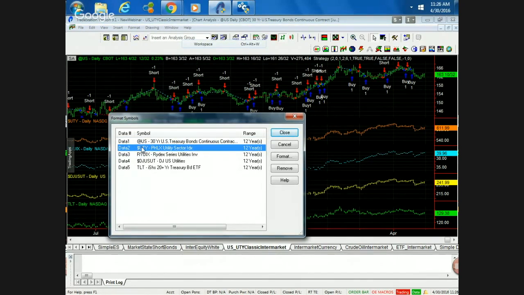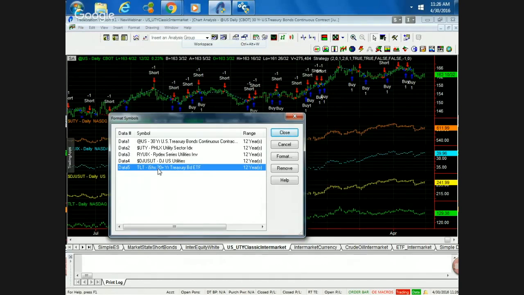So you've got your US Treasury 30-year, and then on data 2 through 5, you have an index, several indexes. I have the RightX utility, which is the Act 40 mutual fund, RightX, that's the utility sector. I have the Dow Jones utility average, and I have TLT because I'm looking for positively correlated symbols.